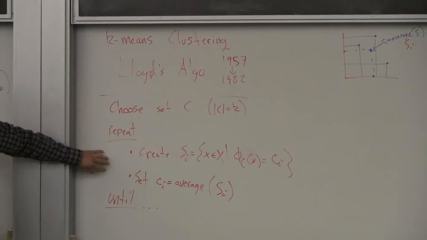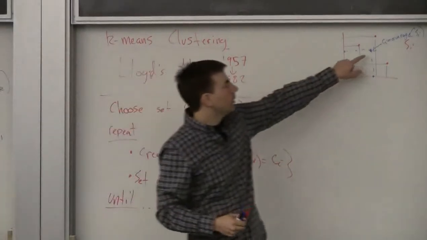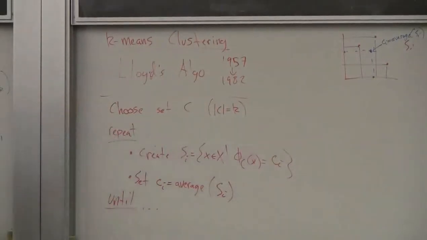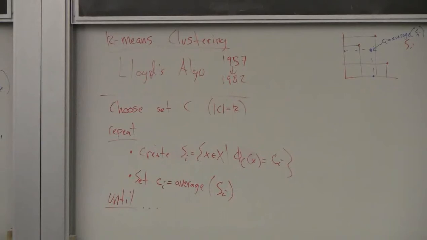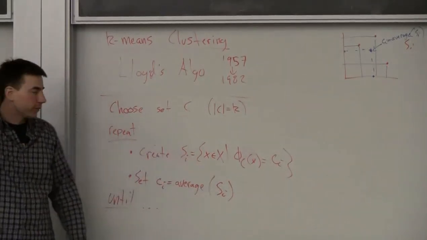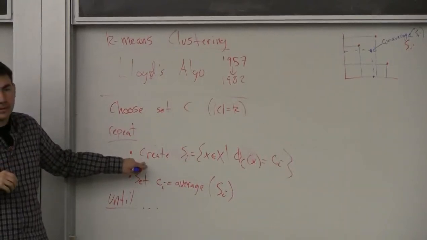These 2 steps are inside the loop, because when I choose a new center point, I may change how the points are assigned. I'm going to change the assignment function when I have a new set of center points. So I need to go back and reassign all the points.